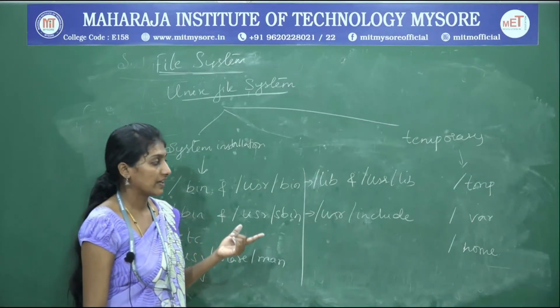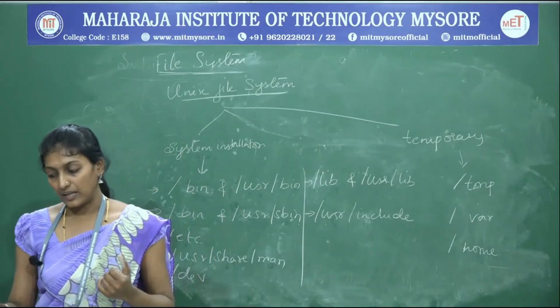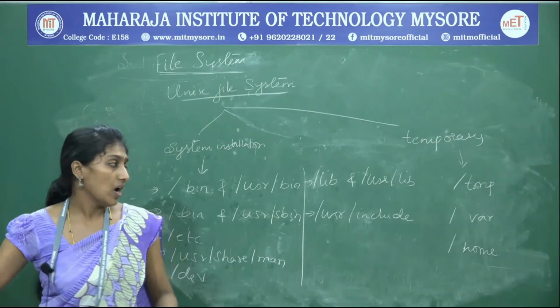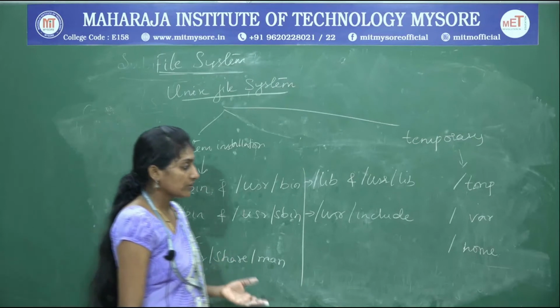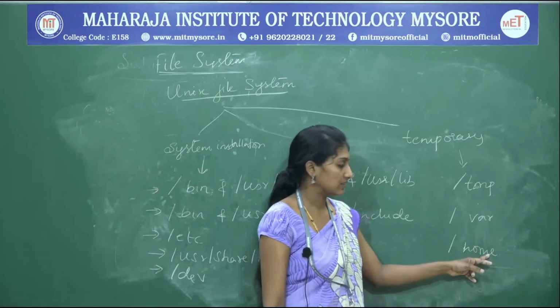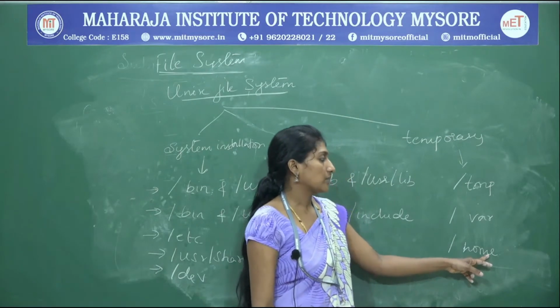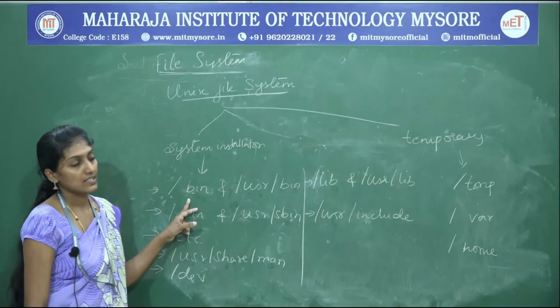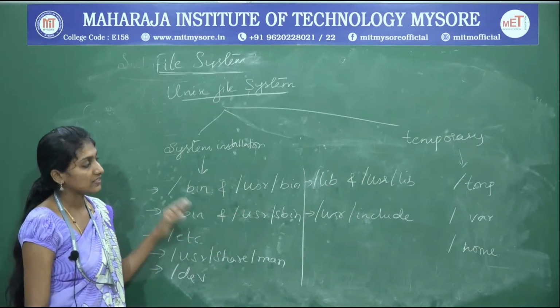And the home directory, as the name itself says, holds information about how many users and who all are going to use the system, and that information will be placed under the directory home.